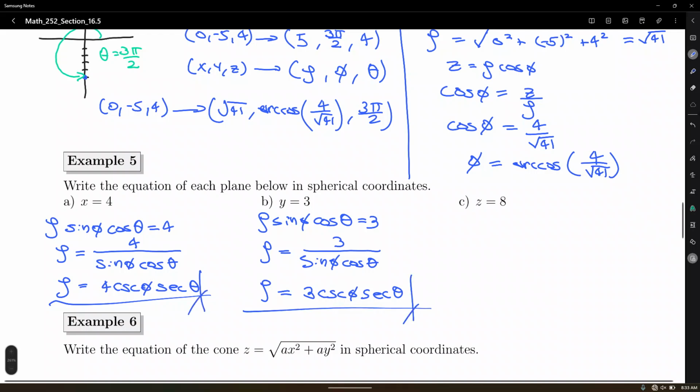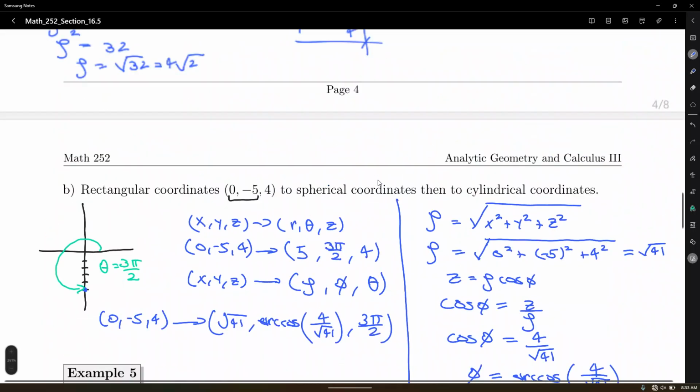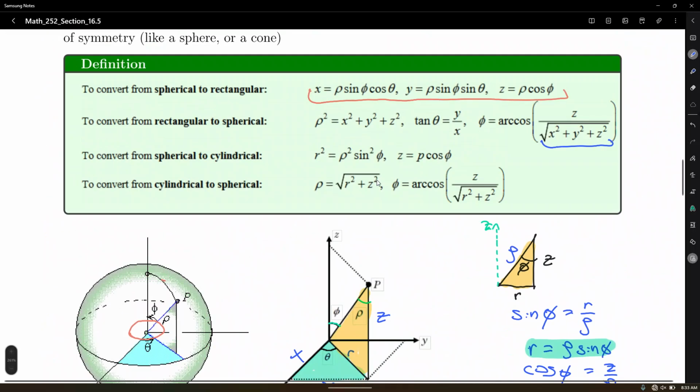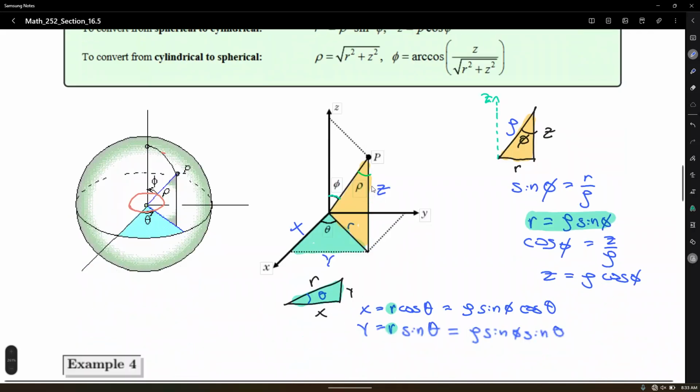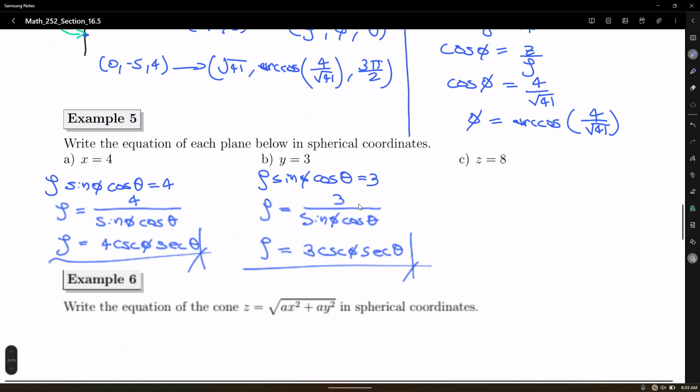And lastly, z equals 8. This one is going to be a lot simpler, or more compact, rather. Let me go back and find out what the relation for z is. For z, that's rho cosine phi. So rho cosine phi equals 8, and rho equals 8 over cosine phi.